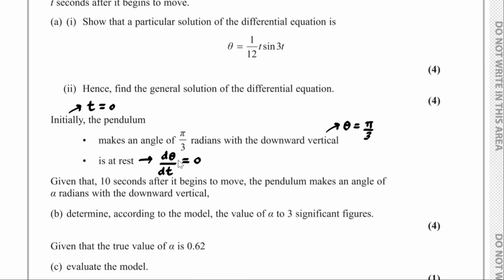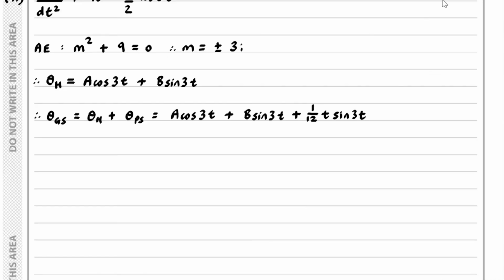Now, because we are given a condition about d theta over dt, that suggests to us we need to differentiate. And so for part B, I would have to differentiate my general solution. So d theta over dt, if I differentiate a cos 3t, I end up with minus 3a sine 3t.